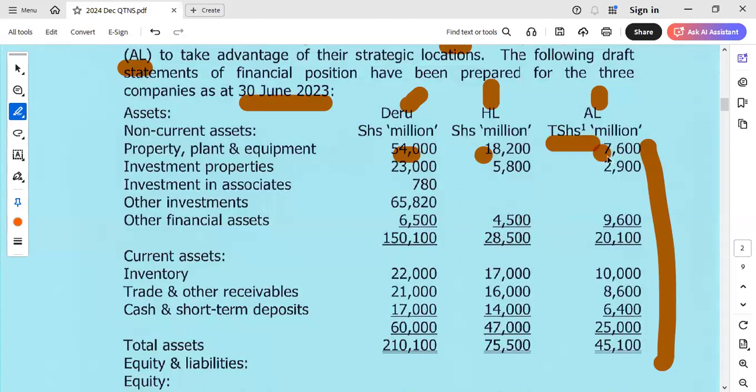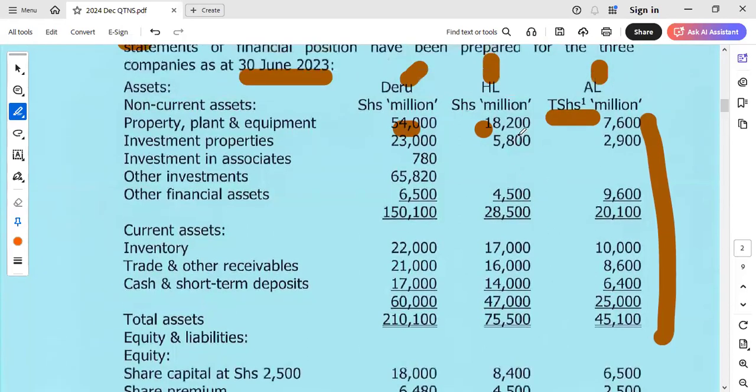Even if you acquire the shares in another entity within the year, if it is not for the whole year, you don't consolidate by multiplying the figure by 6 out of 12. No, you do that if it is an income statement. In a balance sheet, you just make sure that you add all the figures.